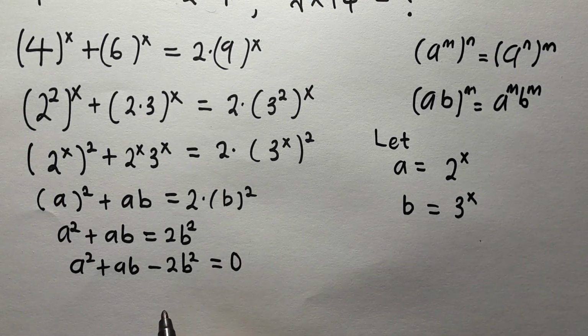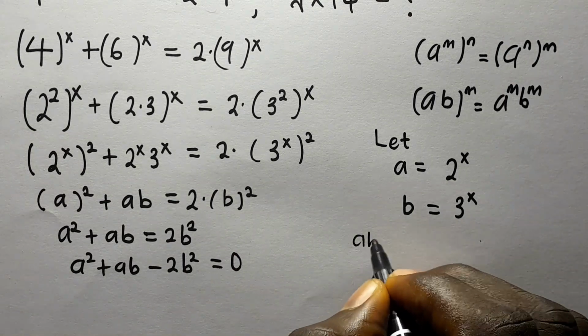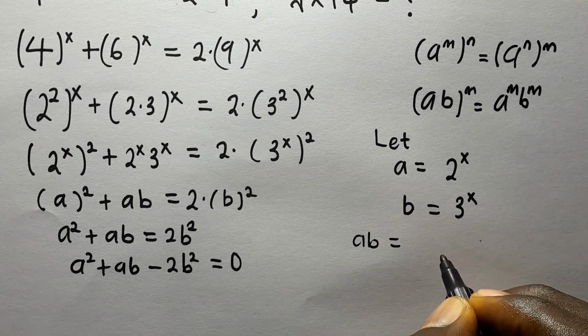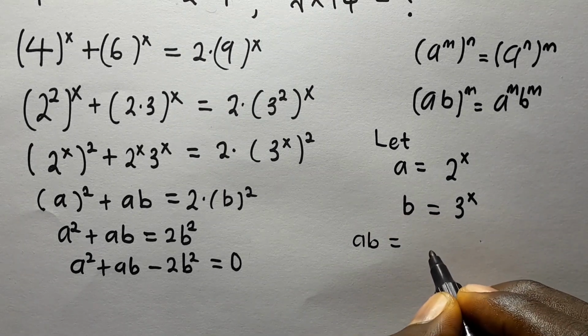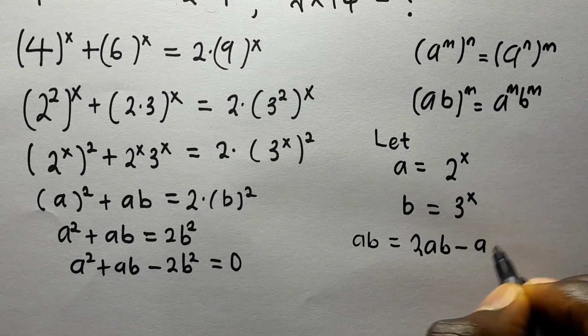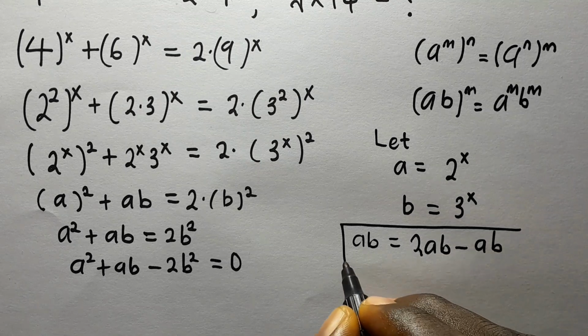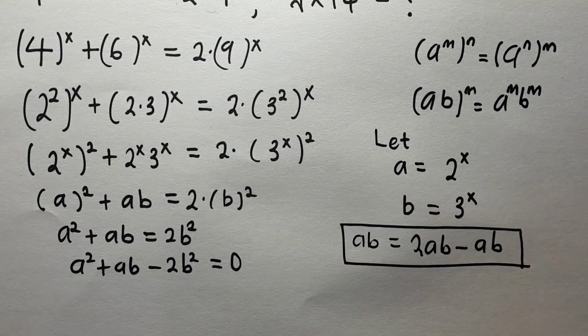So we believe that ab can be simplified as 2ab minus ab. So now let's substitute this here.